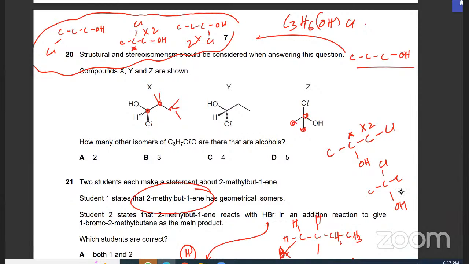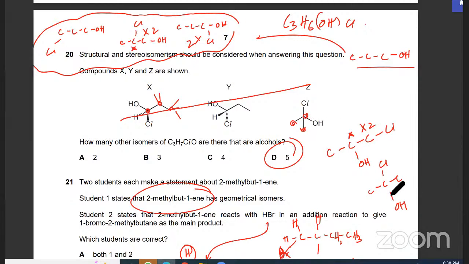Now, if you subtract the 3 that he's already drawn, so 8 minus 3 would give you 5. The ones that he has drawn are part of the isomers that you've drawn. For example, this one over here is the middle carbon atom with an OH and a Cl.